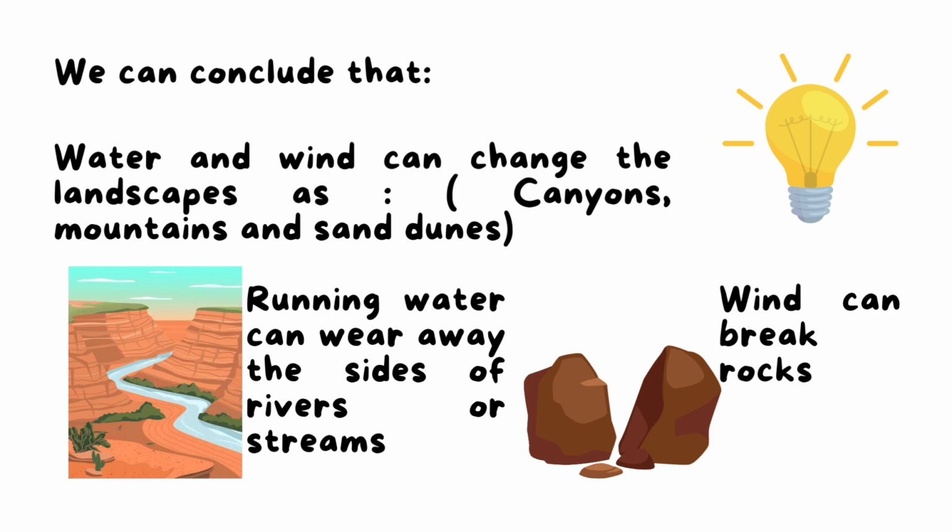Running water can wear away. What is the meaning of wear away? Yes, to cause weathering and erosion for the sides of the rivers and the streams, and the wind can break down rocks. So both water and wind can change landscapes.